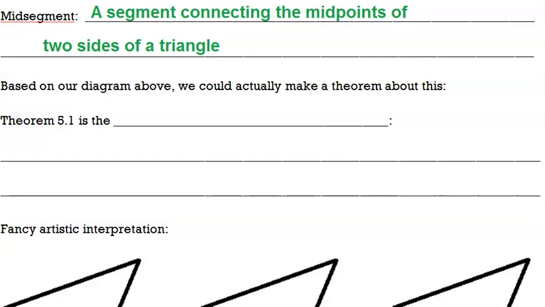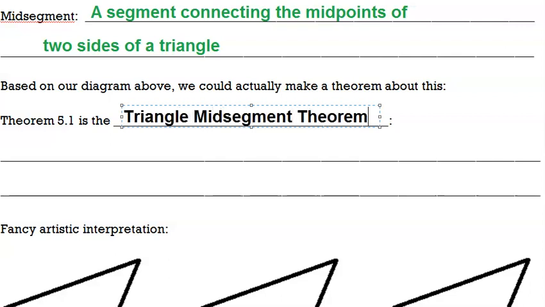in each triangle. All right, now let's take the things that we just came up with and let's try to sound smart. Let's try the triangle midsegment theorem. There you go. That sounds pretty smart. Let's go with it.